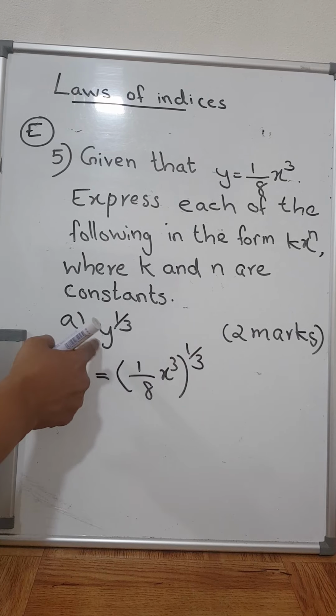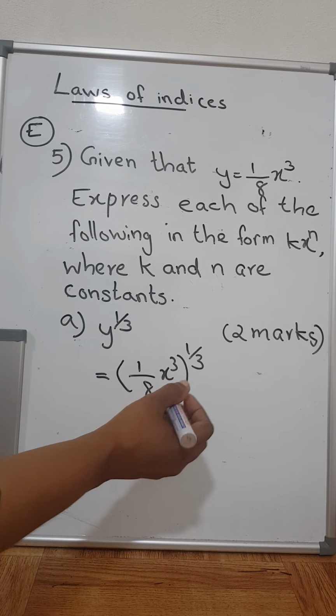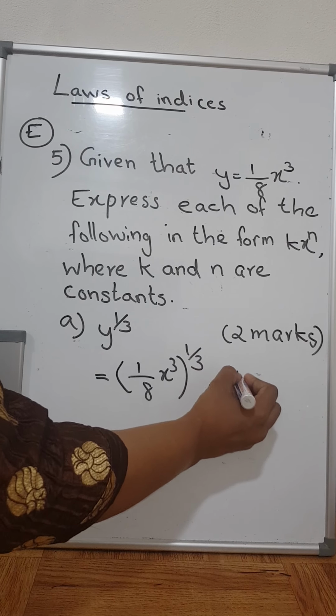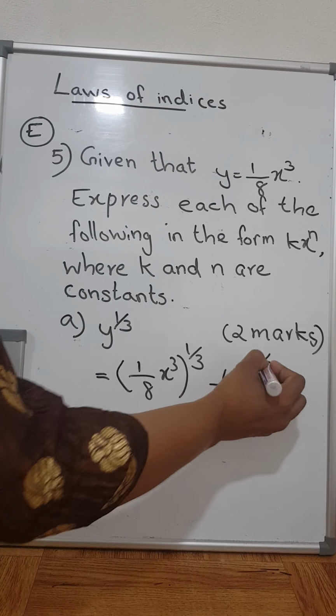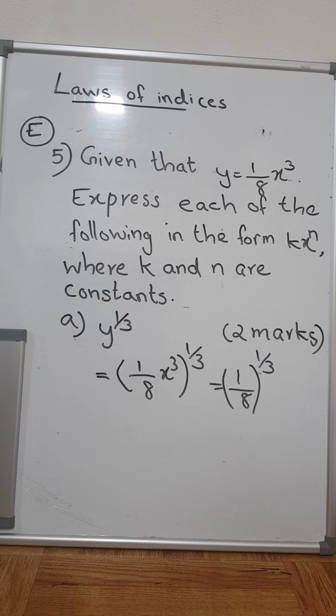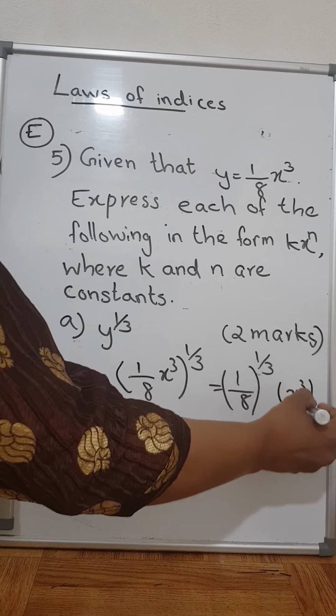So instead of y, we have written (1 by 8x cubed) to the power 1 by 3. On simplifying and removing the bracket, 1 by 8 to the power 1 by 3 times x cubed to the power 1 by 3.